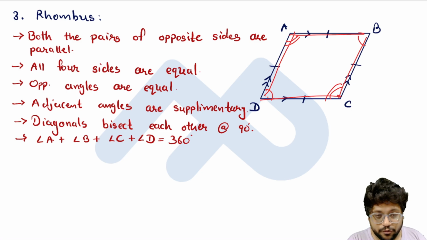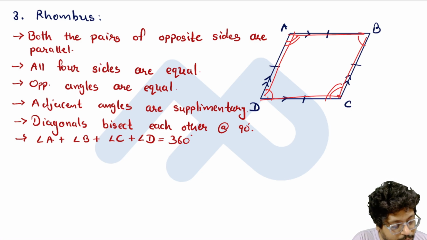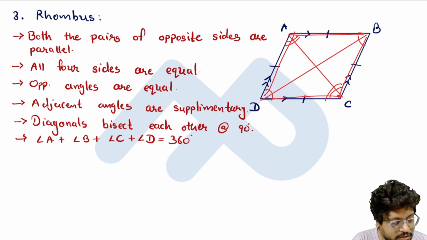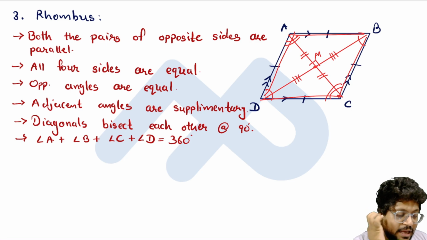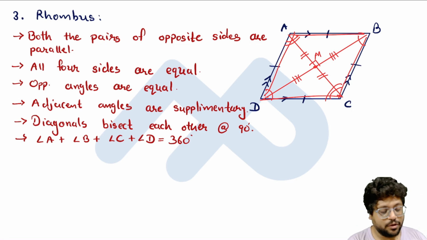And that special property of rhombus is, if you draw the diagonals, of course it's a parallelogram, so diagonals will bisect each other because rhombus is also a parallelogram. But here the catch is, both the diagonals are bisecting each other, of course, but they bisect each other at 90 degree. So that means this AC and BD both are perpendicular to each other.